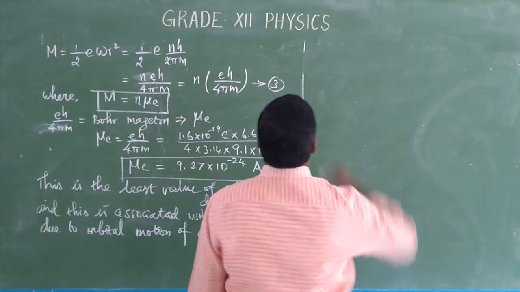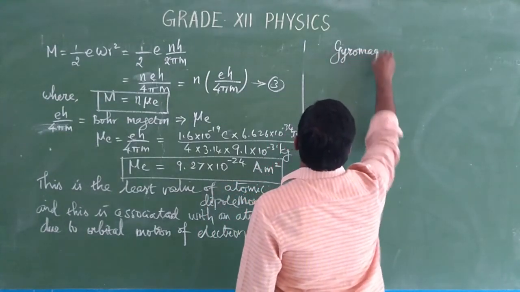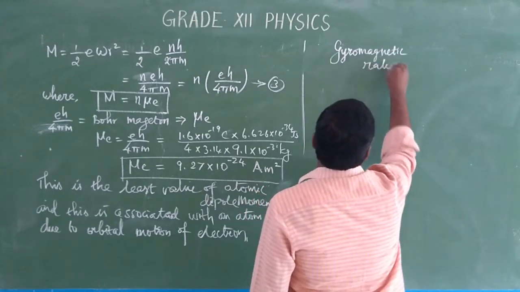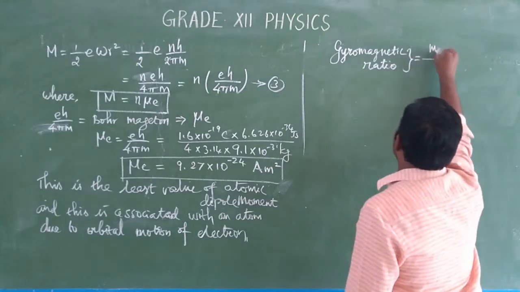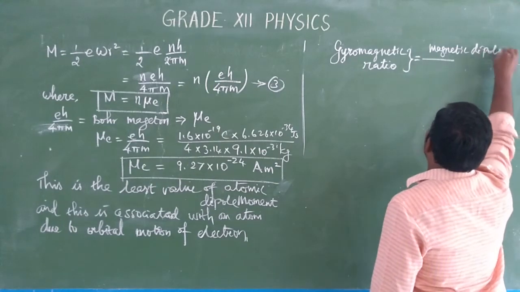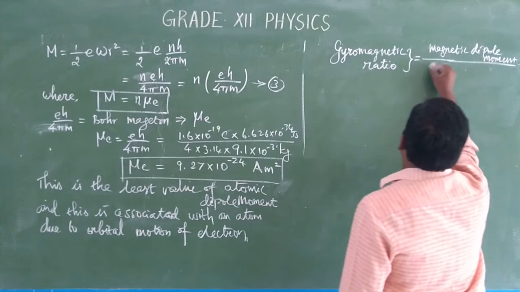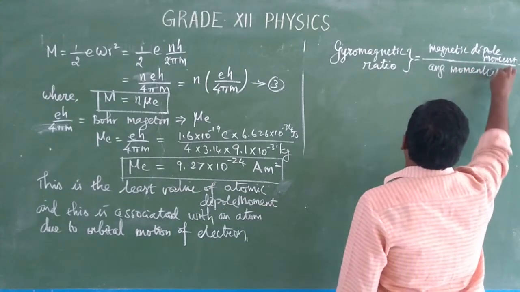From this we can also find the gyromagnetic ratio. The gyromagnetic ratio is the ratio of the magnetic dipole moment to its angular momentum of a revolving electron.